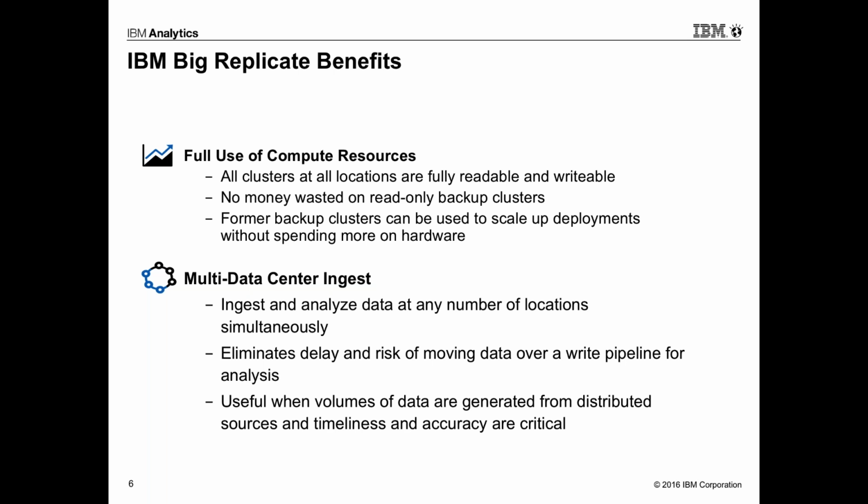Another big thing is multi-data center ingest. Like I mentioned before, multinational companies have data centers across the globe. So you could have a data center in the US, or one in Europe, or one in Asia. And all these data centers ingest data, and maybe they're for different purposes. One data center could be ingesting call center logs, another one social media. The third one is used for some other purposes that ingest certain data.